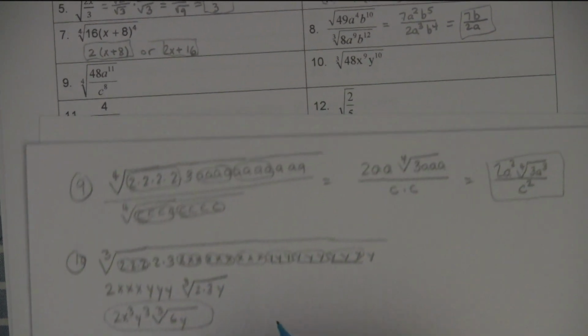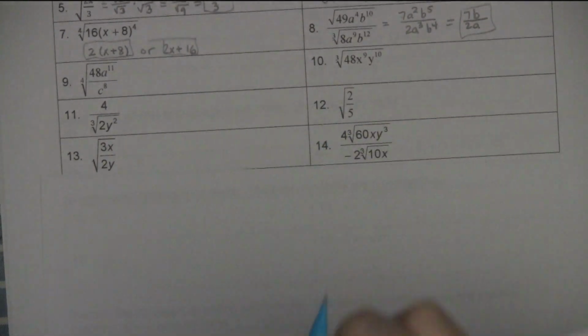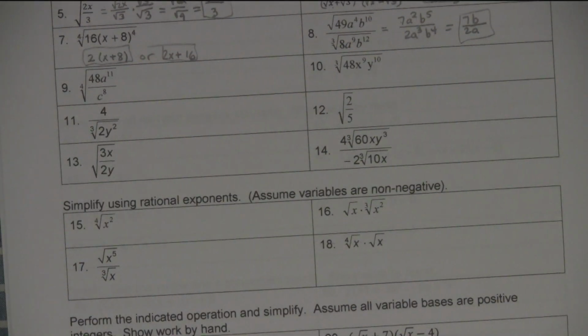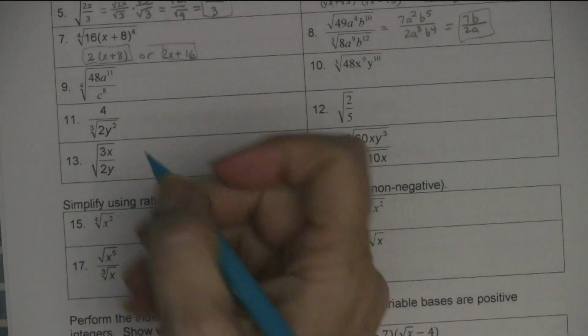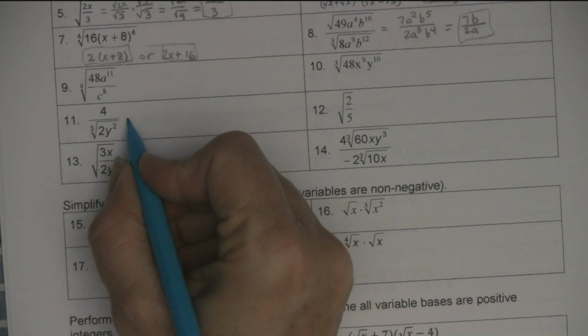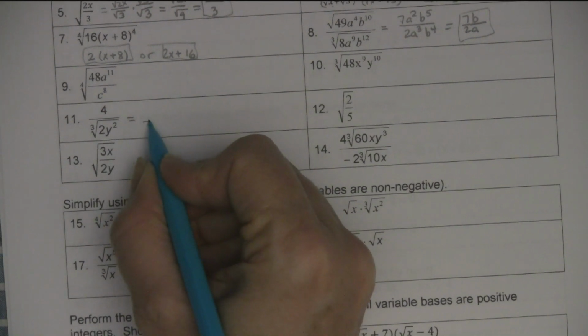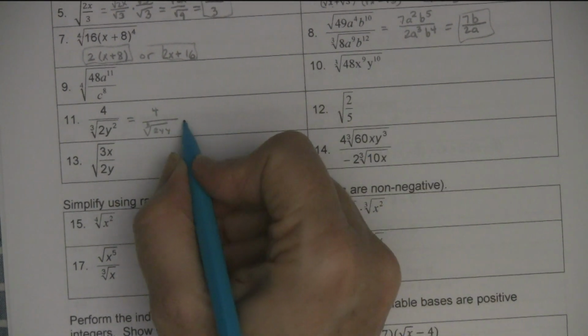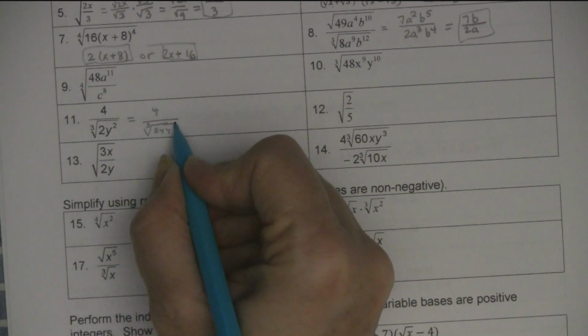Okay. Number 11, I might be able to do number 11 right there in the spot. And so number 11, I have the cube root of 2yy and a 4 in the top. And my goal is not to have any cube root in the bottom.